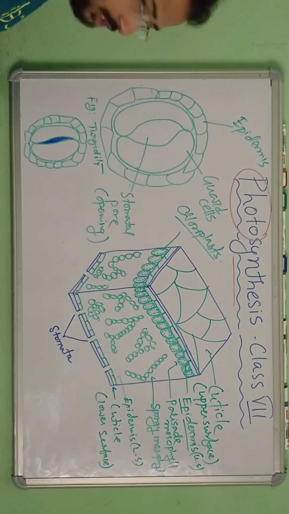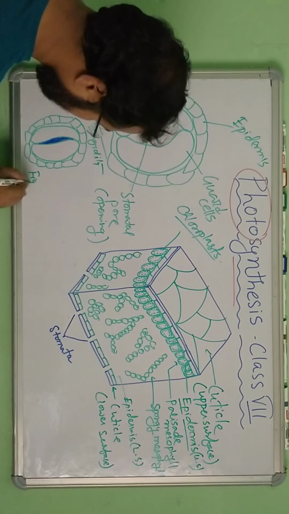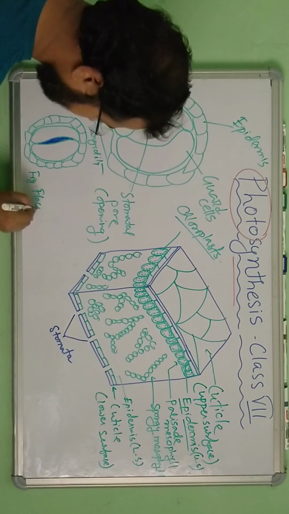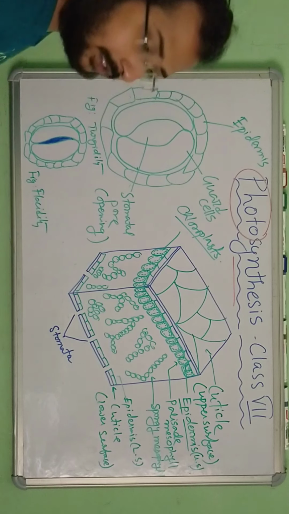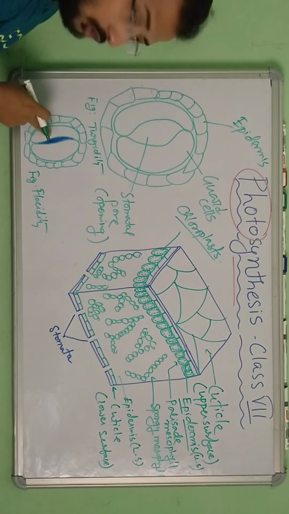So this is the condition of flaccidity. This is the figure of flaccidity. When the cell sap is released from the guard cells, they constrict and the stomatal pore closes.